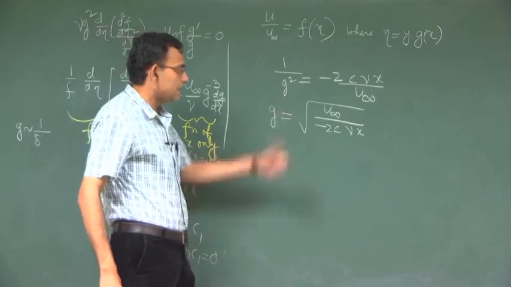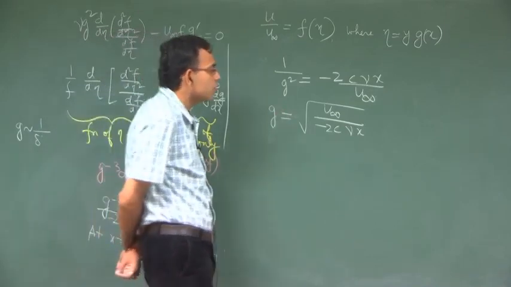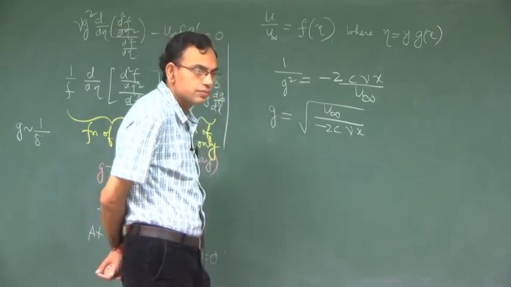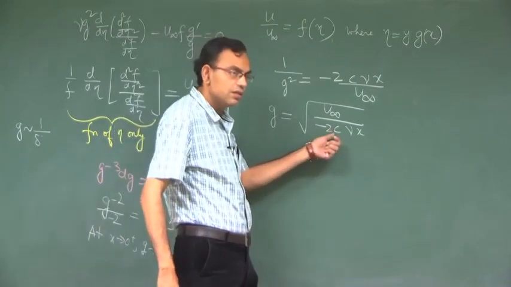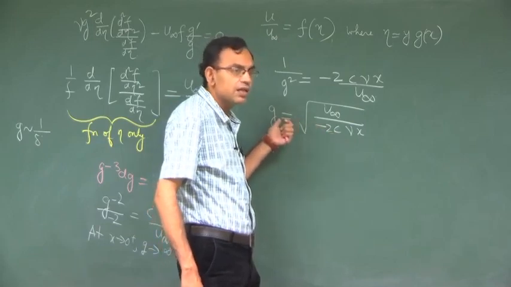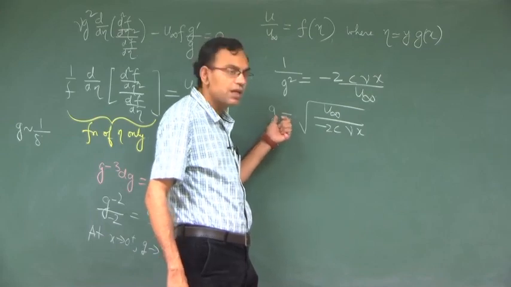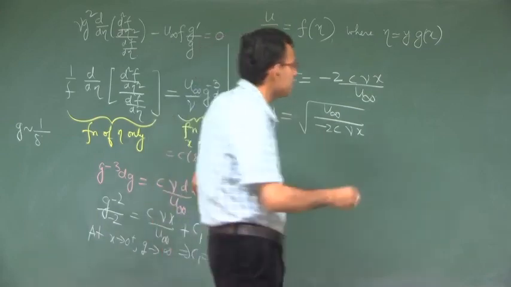So, from here what can you conclude about the value of c? C can be anything, but it has to be negative, because this g is physically scaling with 1 by delta, that means it has to be a positive term. So, c must be negative.